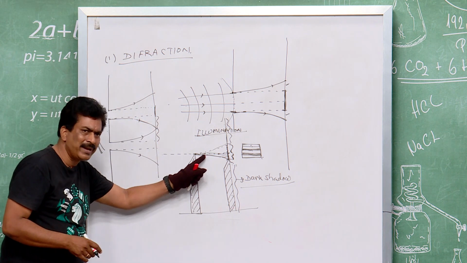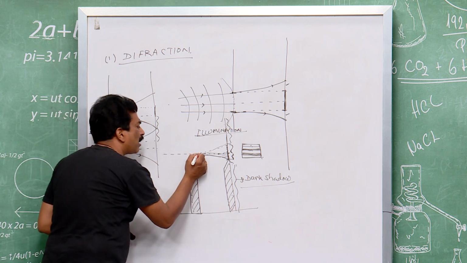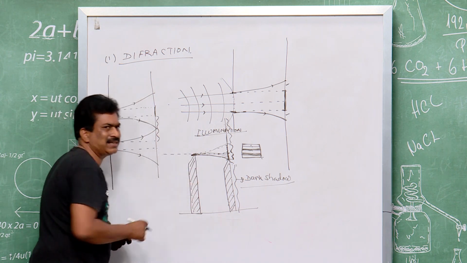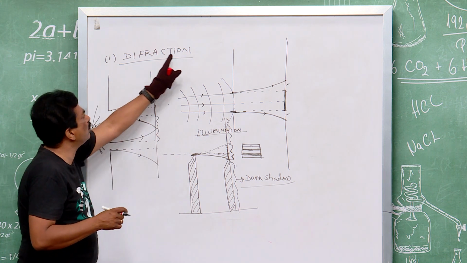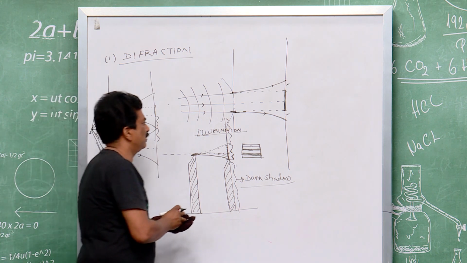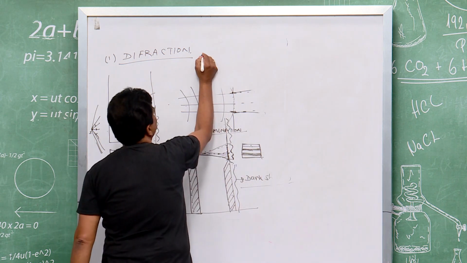This phenomenon of bending of light at the corners of its passage or at the end of its passage is known as diffraction. So what is diffraction?